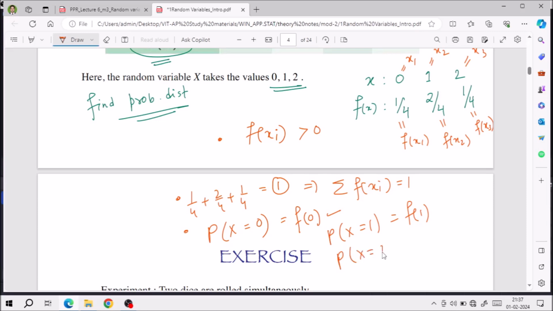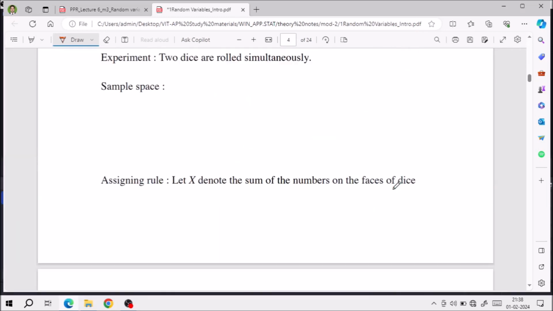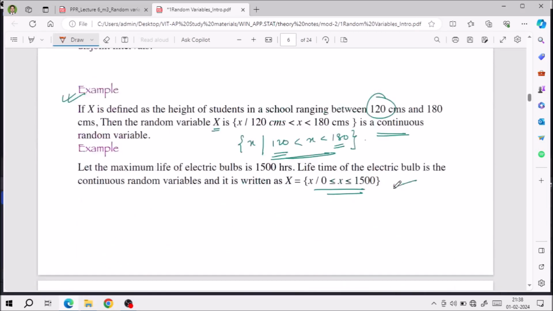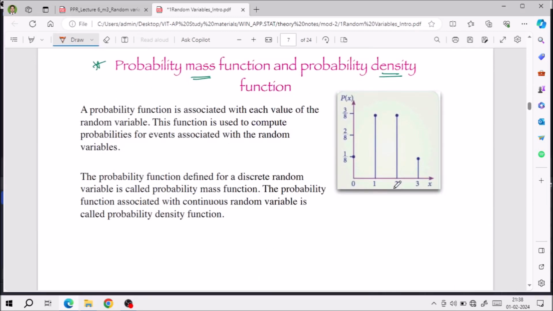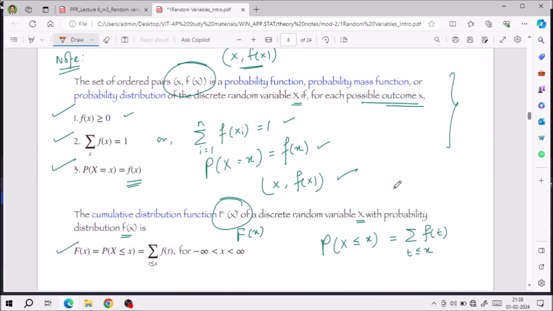The probability of x equals 2 is f of 2, which is 1 by 4. So these are the 3 conditions we had from the definition, and you can see they are easily validated here. Likewise you will have examples, and from those examples you can easily construct the distribution function. So you try a few problems, and this f(x) is nothing but the mass function in this case.